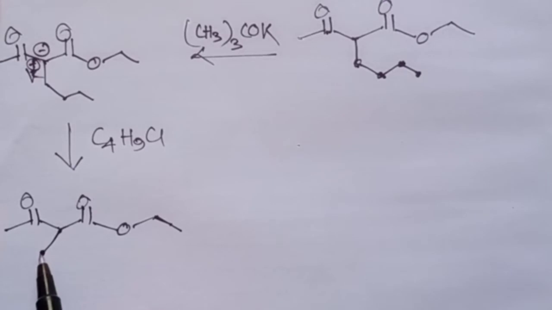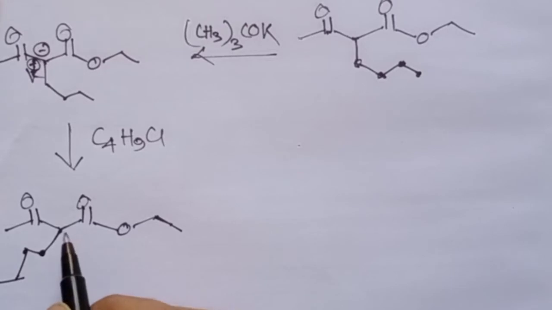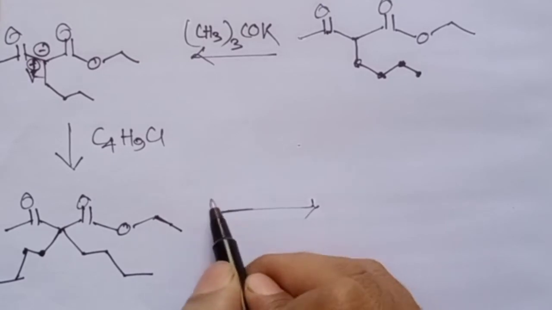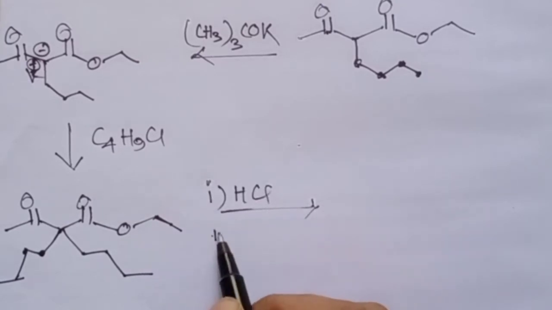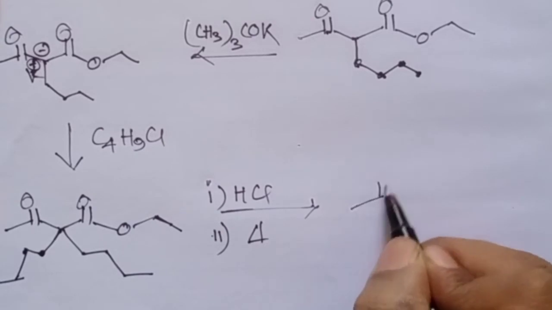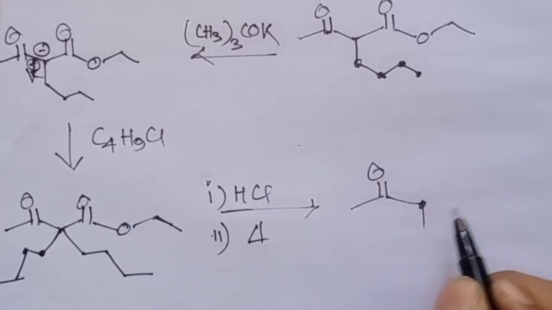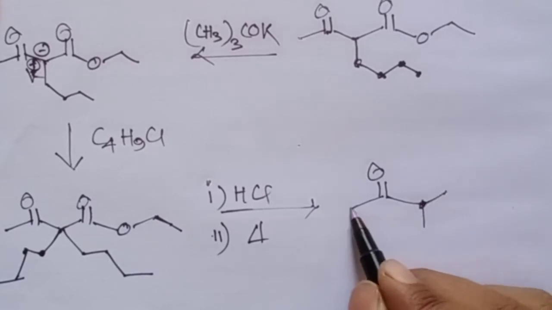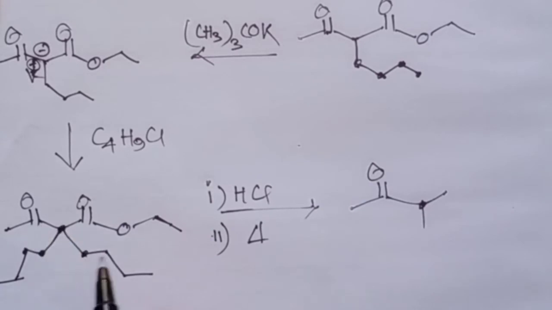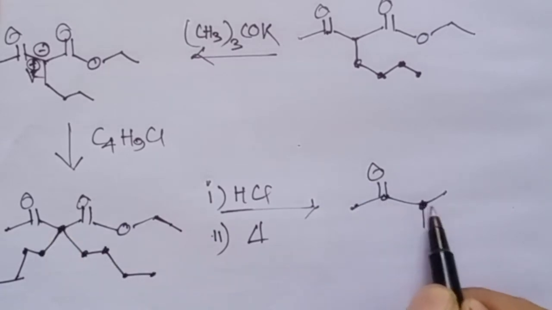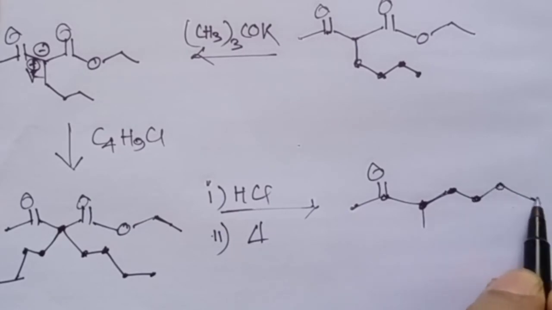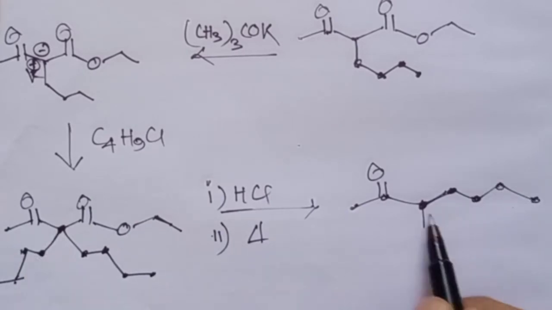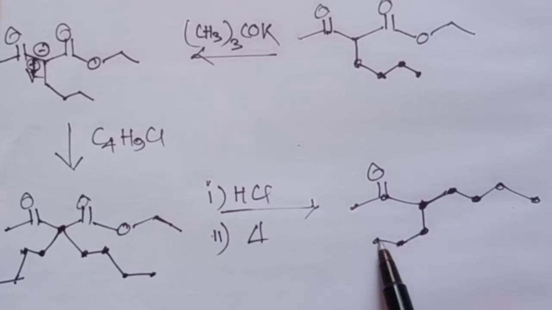1, 2, 3, 4. So this is the product. On acidic hydrolysis followed by decarboxylation, the product will be this one. The ester will be gone. So here it will be 1, 2, 3, 4, 5, 6, 7, and 1, 2, 3, 4.